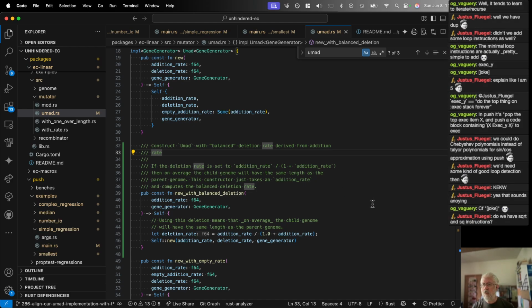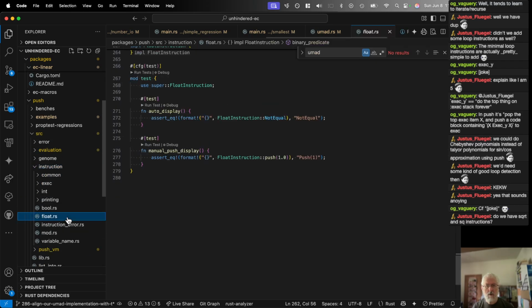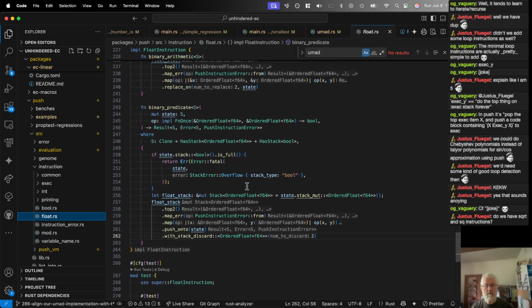Do we have square root and square instructions? We might have square root. Do we have square? Good question. Instruction, float, SQR. No, apparently not.